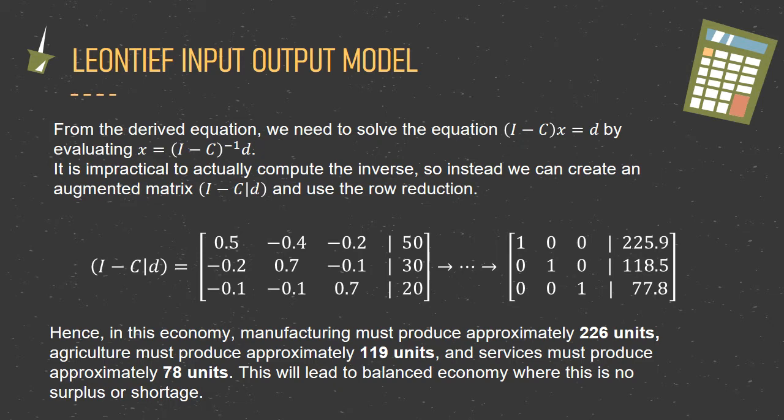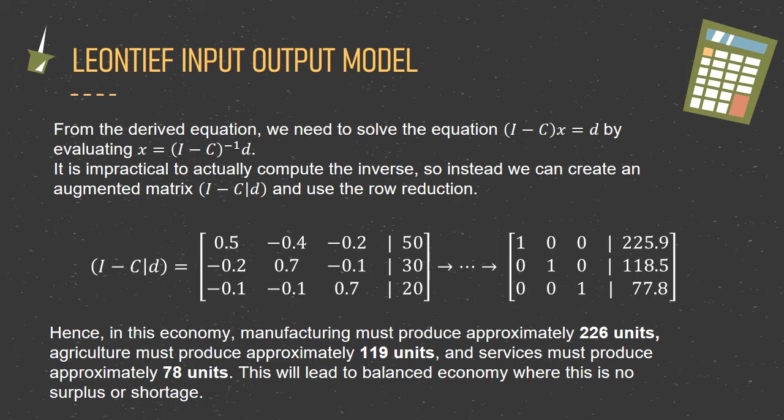And for that, we have 0.5, negative 0.4, negative 0.2, and then 50; negative 0.2, 0.7, negative 0.1, and then 30; and then negative 0.1, negative 0.1, 0.7, and then 20.